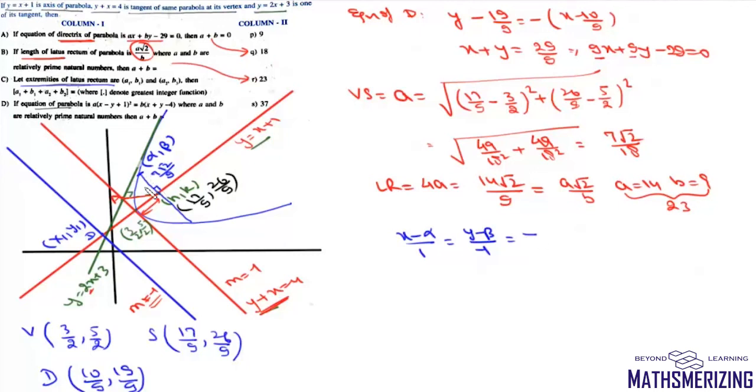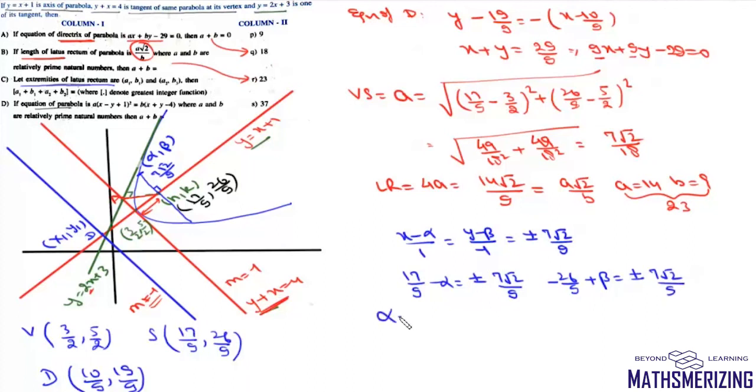Now we can have 2 points, one up and one down, so we can write it as plus minus 7 root 2 by 9. Now x here is 17/9, so we can write 17/9 minus alpha equals plus minus 7 root 2 by 9, and this is 26/9 minus beta, and this is plus minus 7 root 2 by 9.